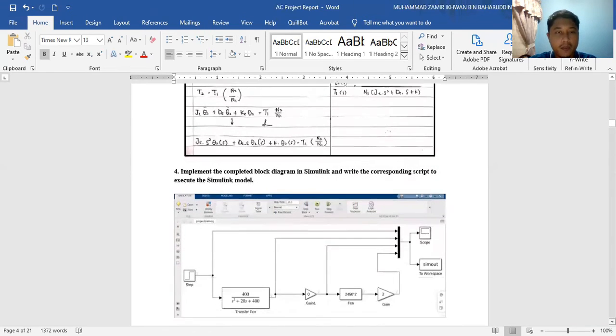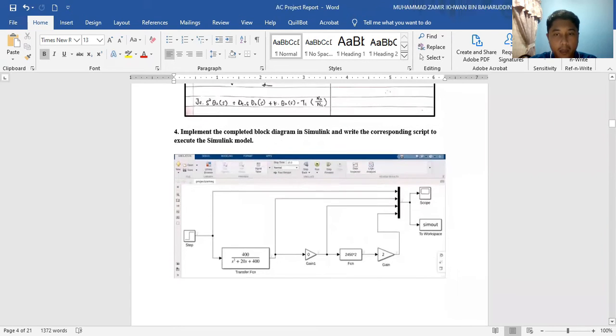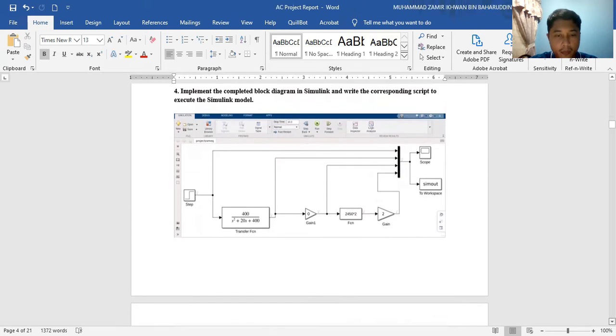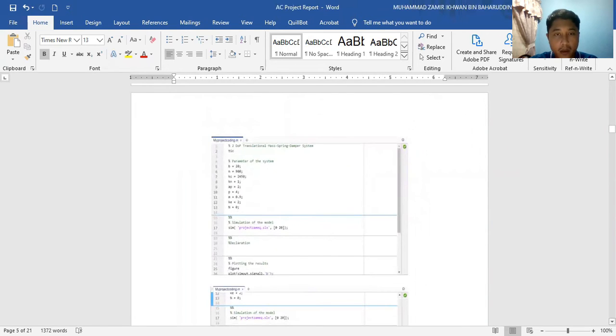Next is the complete block diagram in Simulink. This figure shows the complete block diagram in Simulink. We have a step, transfer function, gain, scope, and CMOUT. Next is our code for this project.